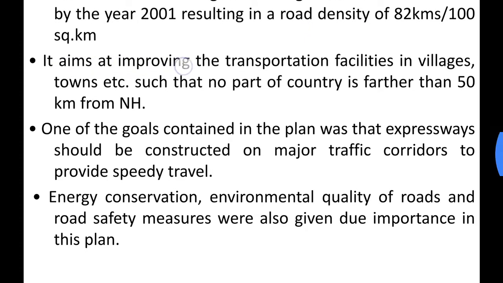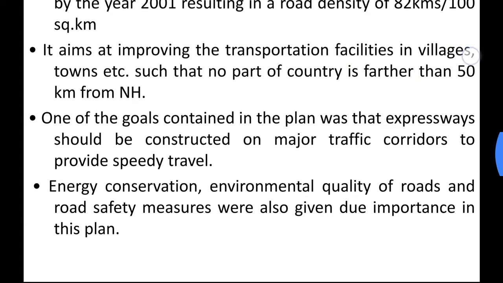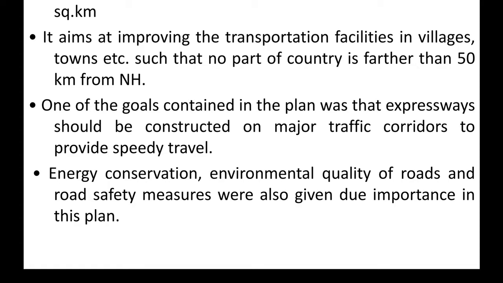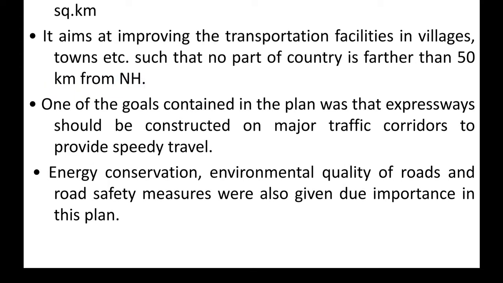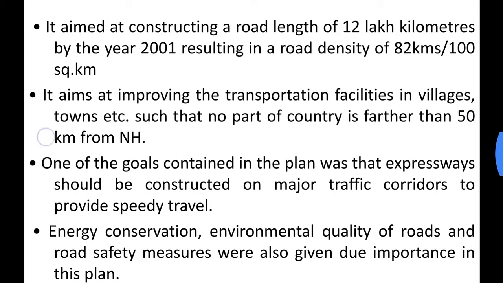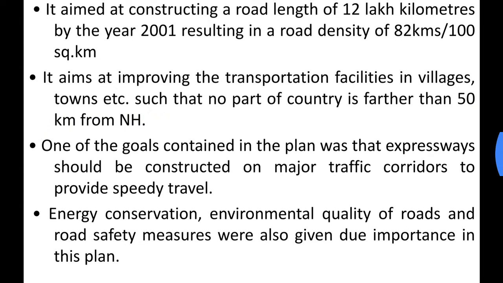It aims at improving the transportation facilities in villages, towns, etc., such that no part of the country is farther than 50 km from NH. So there should be no area which is at a distance of more than 50 kilometers from any existing NH.